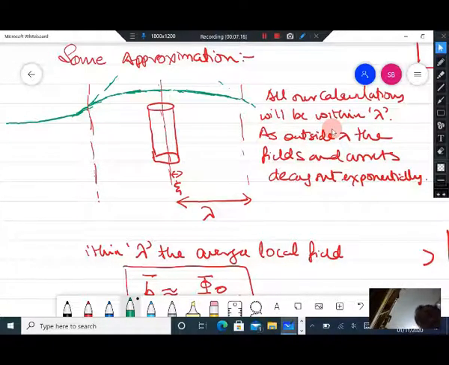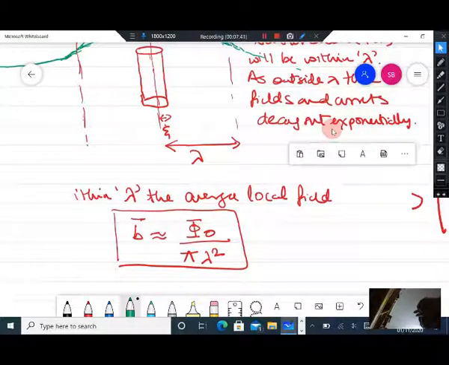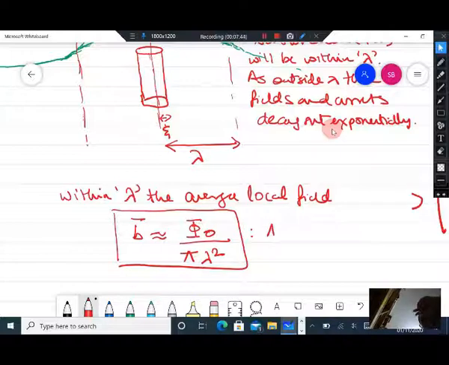So within this region of lambda, the average magnetic field is nothing else but the magnetic flux quanta phi naught divided by pi lambda square. And you don't make too much of an error when making this approximation.